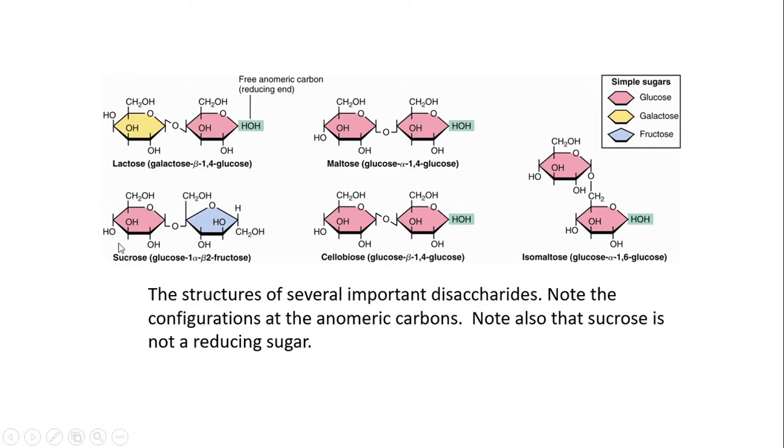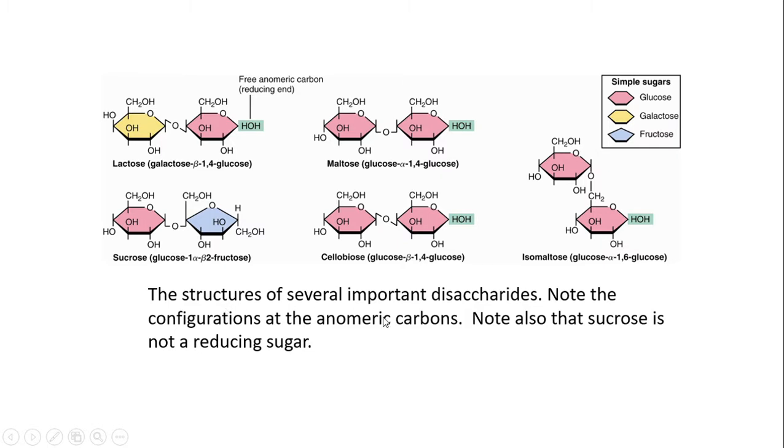Sucrose is composed of a residue of glucose and fructose, and this linkage is through carbon 1 on glucose, and this is a beta 2 fructose.